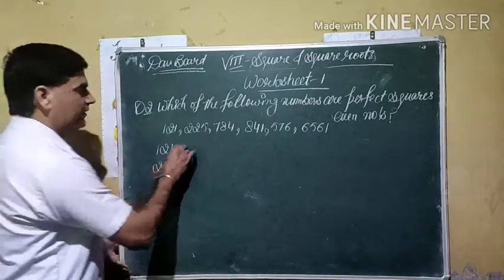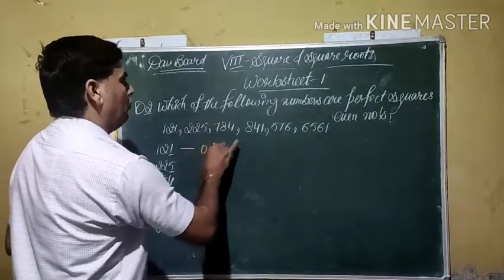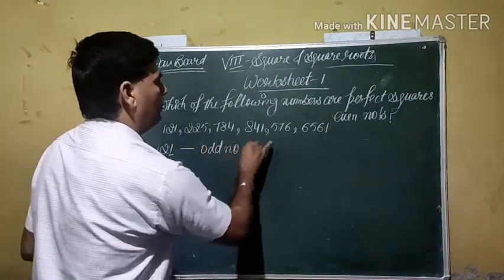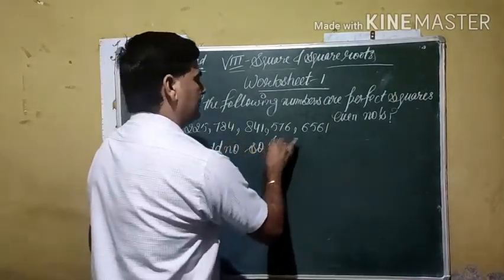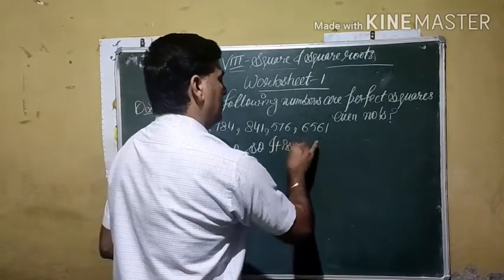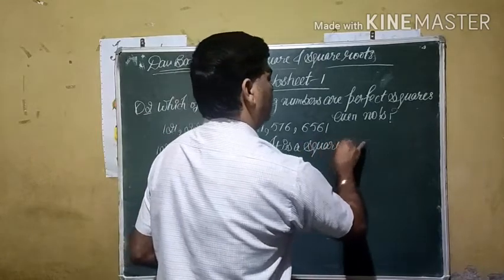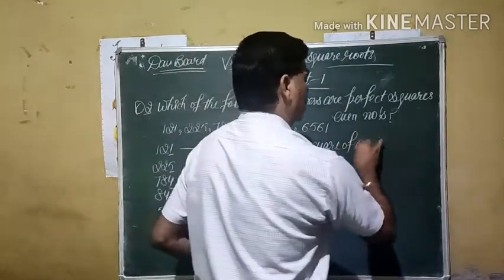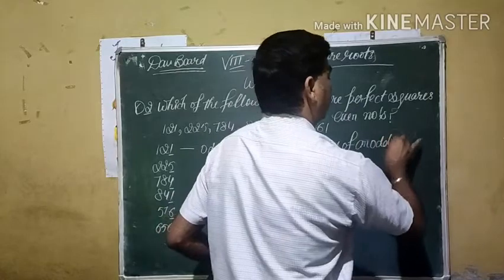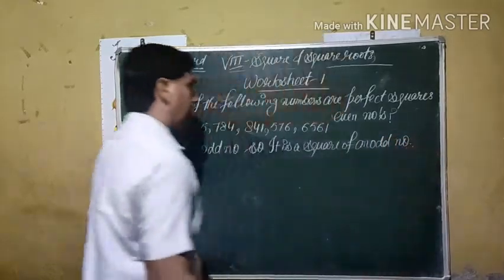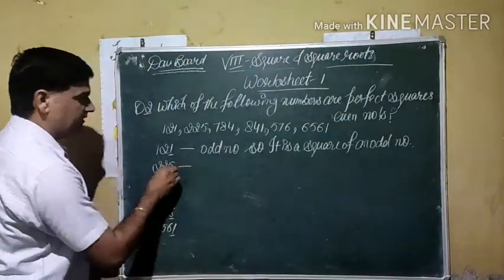If you see here, this number is an odd number, so it is a square of an odd number. Like this we can do directly.